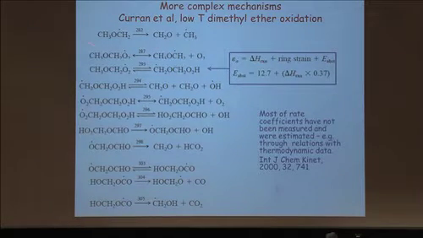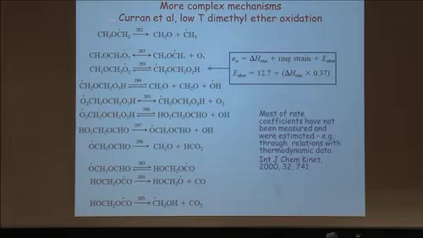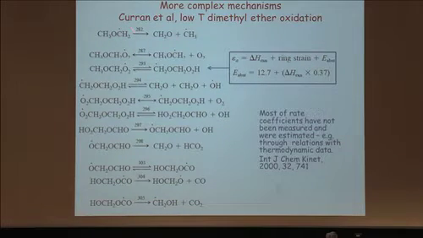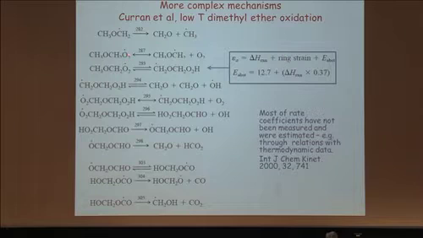We've got this radical here formed by abstraction from dimethyl ether, and that can dissociate. These are the reaction numbers, so you can see this is a relatively large mechanism. This can dissociate and form CH3, or it can react with O2, forming this peroxy radical.